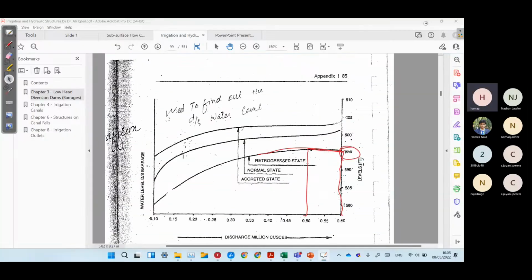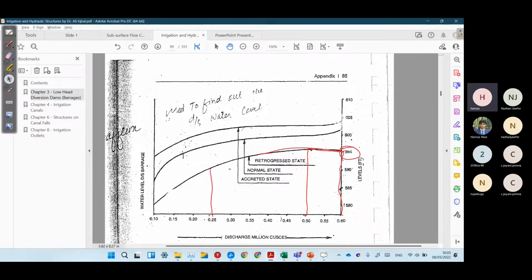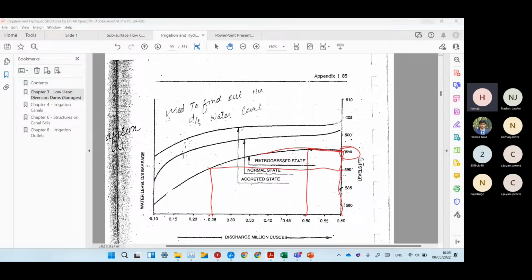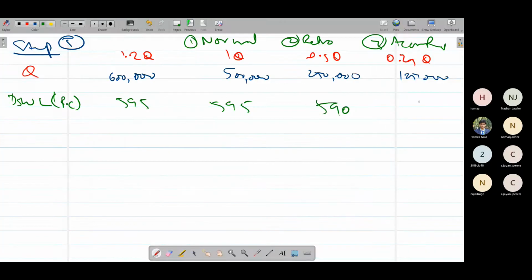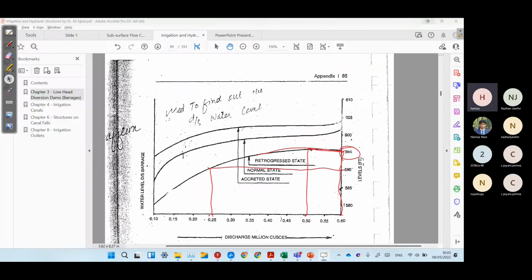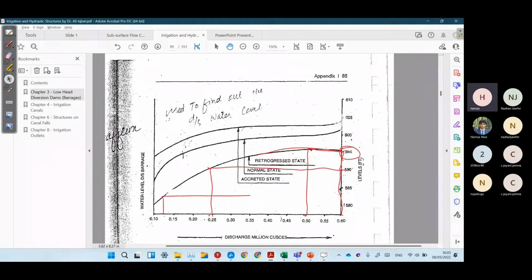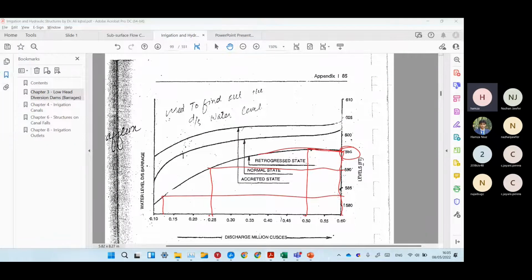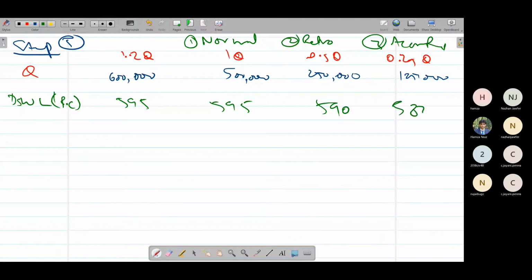For 250,000, approximately it is 590 feet. And similarly for 125,000, we can determine this as 582.5. Like this, we can calculate the downstream water level for all these cases.